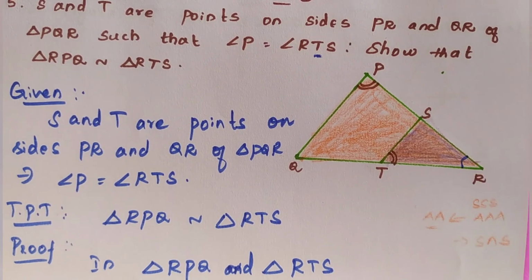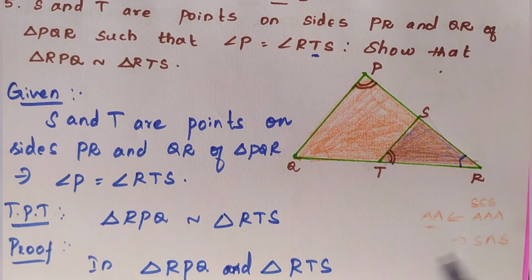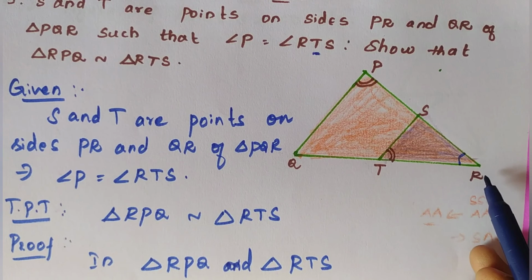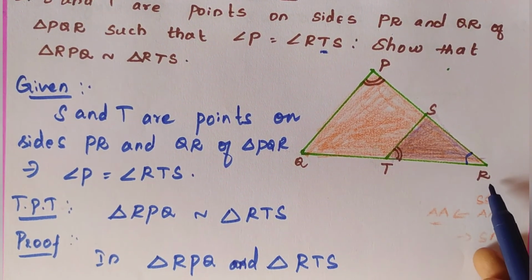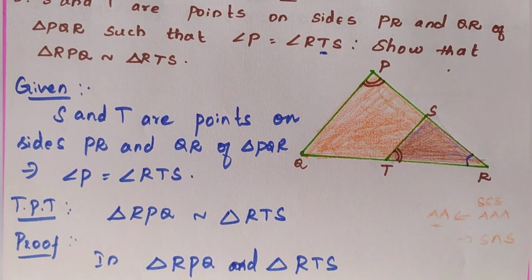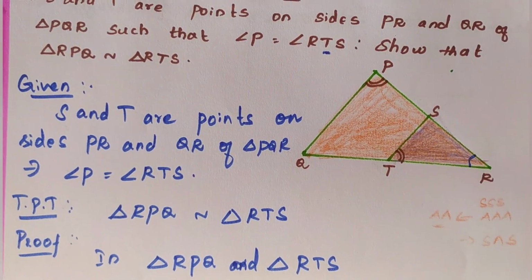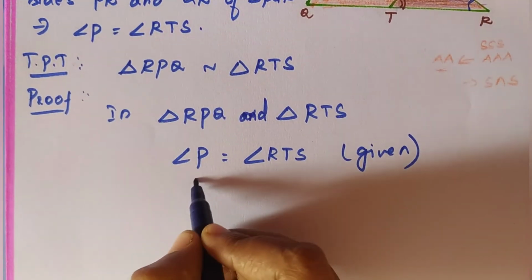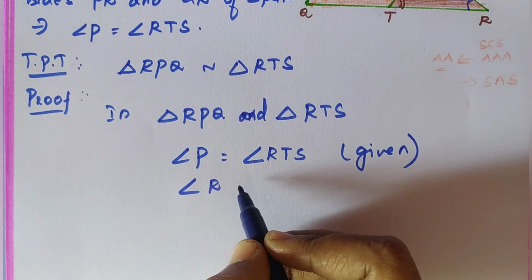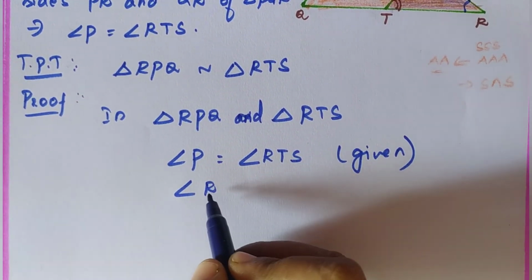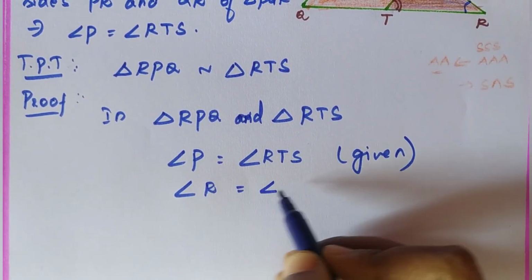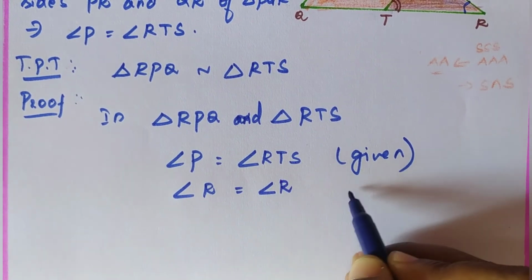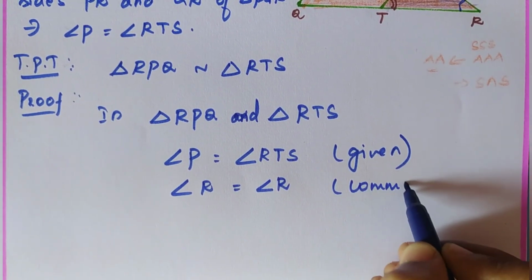Angle R. Angle R is common in both the triangles. PQR, in that we have angle R, and RTS, in that triangle also we have angle R. So angle R is equal to angle R, that is common.